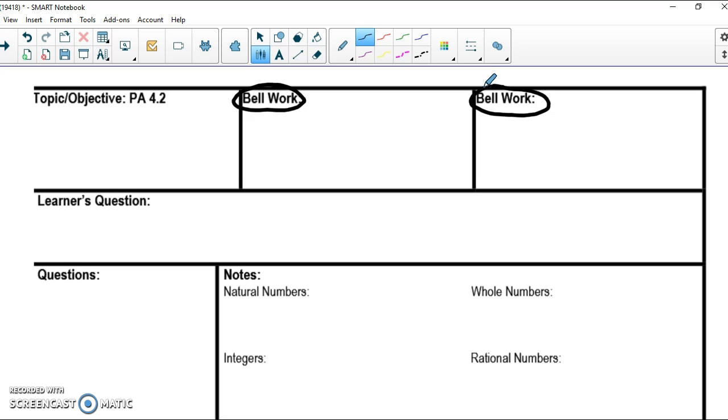So our topic for 4.2 is we want to explore rational numbers a little bit. So our whole learning goal is to describe characteristics of irrational numbers.